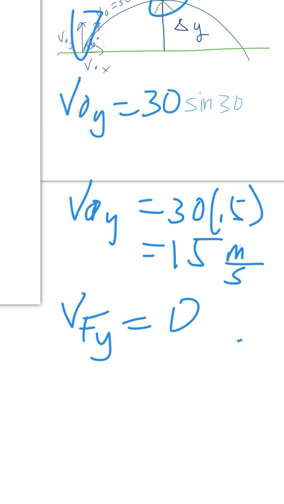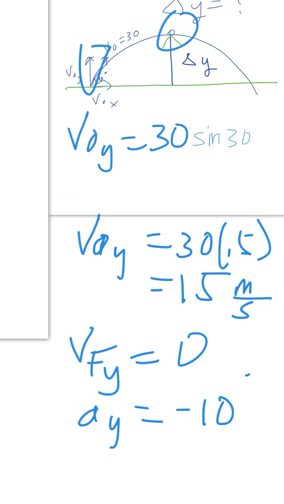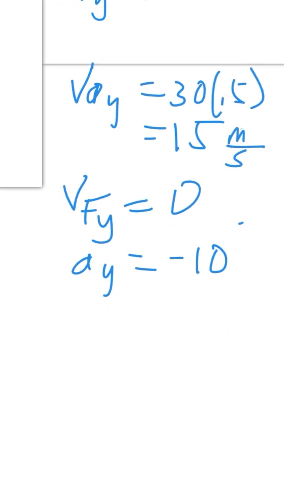Okay, so we have VF, VO, and AY is negative 10, right? We need to find time first, probably.